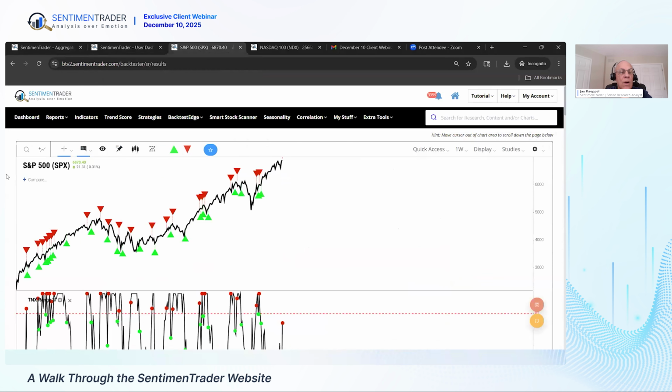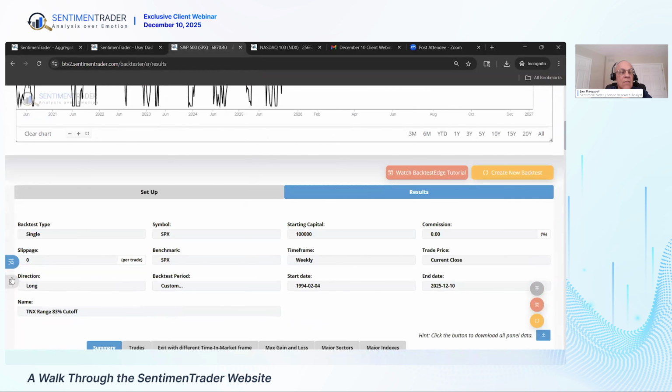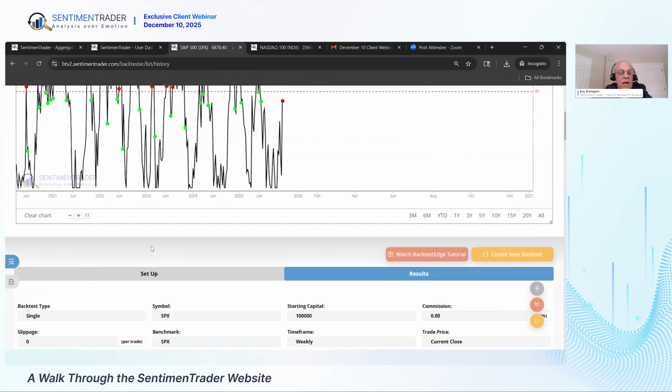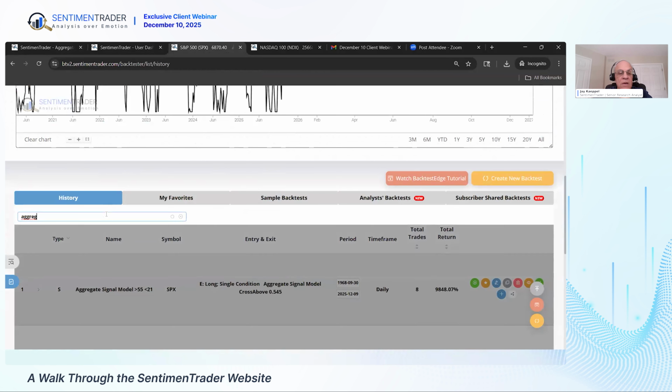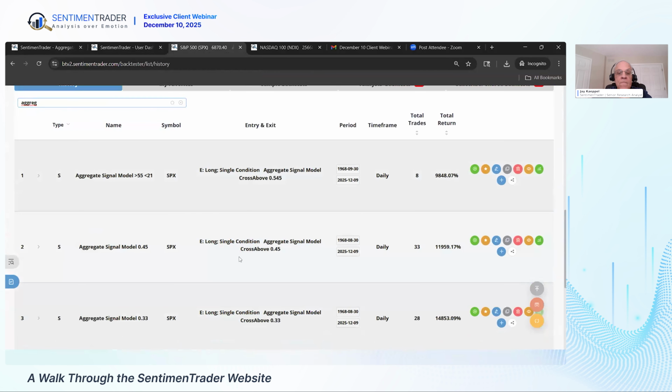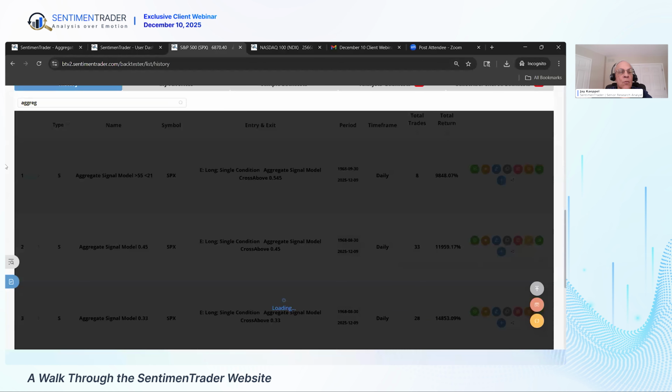And so what I'm going to go do is scroll down. I already have a list of tests, and I'm going to start typing in aggregate signal model and find the one, which is this one, aggregate signal model 0.45. Let's go inside and take a closer look at what this is doing. It's very simple.